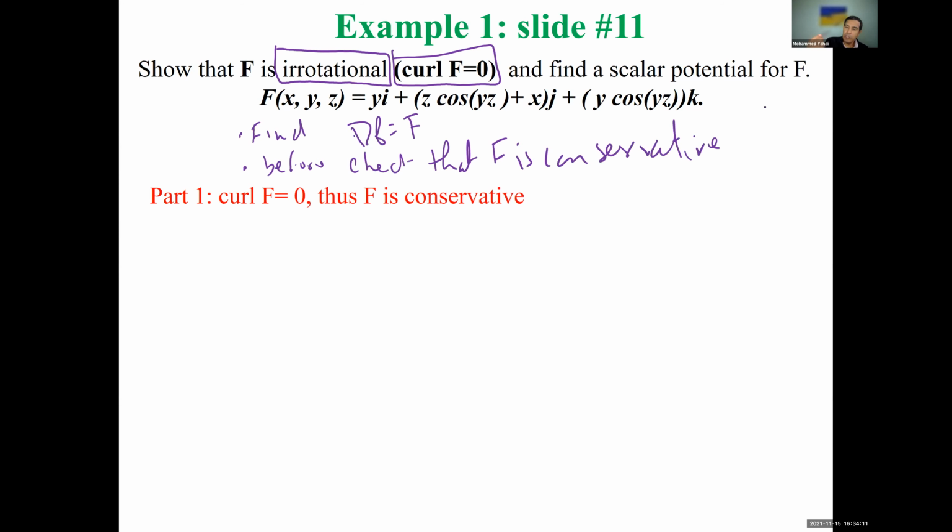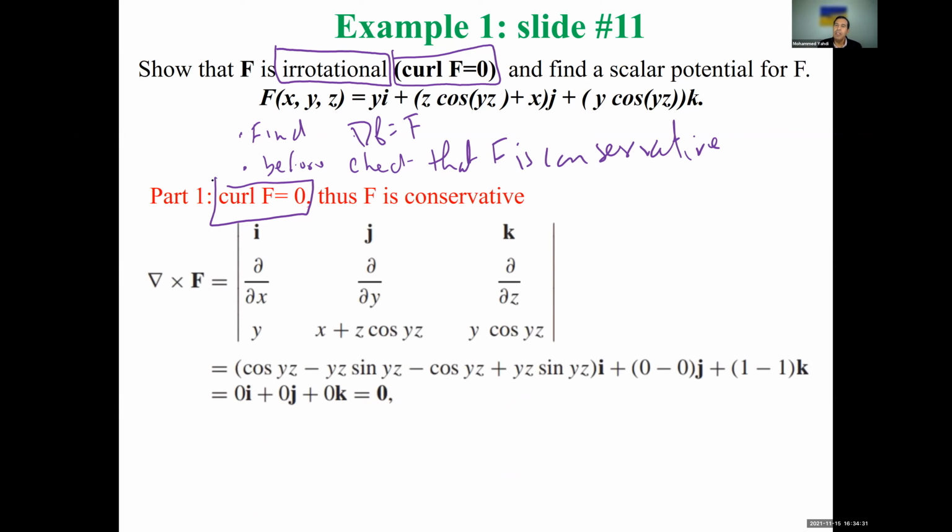To do that, we're using the last one, which is part one. I check if curl F equals 0, then F is a conservative field. If it's not 0, it is not a conservative field. Very easy, simple test, just computational. It's not always easy, but it's computational. Here we go.